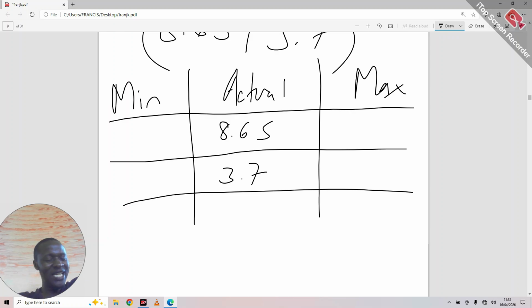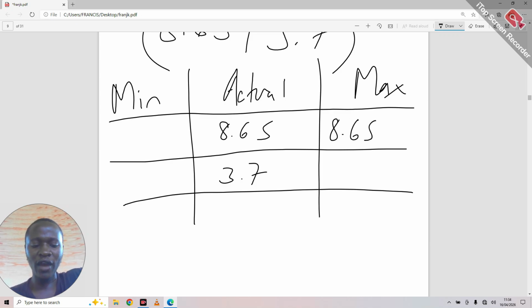If you do more revision, you won't have to be noting these things down again. You will just look at the number, you can see the accuracy, and by then you can get the absolute error in that particular number. For 8.65, the accuracy is 0.01, then the absolute error is 0.05. So we add.